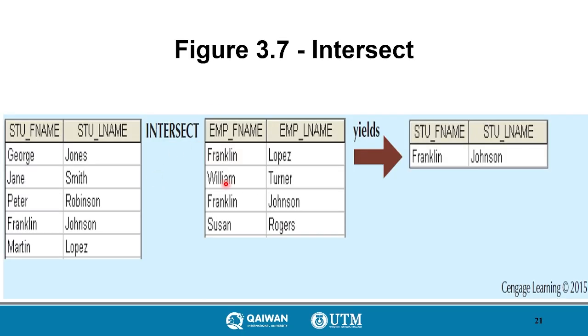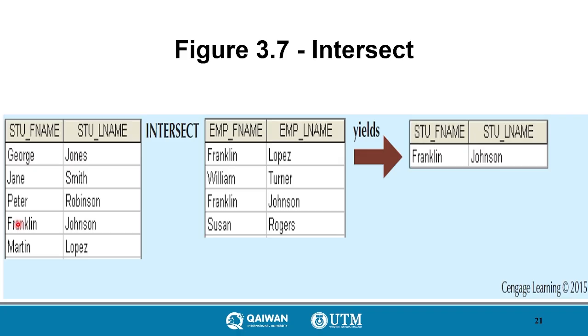Now intersect. It will intersect these two tables and return what is common. Let's take a look. We have Franklin Lopez, William Turner, Franklin Johnson, Susan Rogers. Now we have Martin Lopez, Franklin Johnson, Peter Robinson, James Smith, and George Jones.